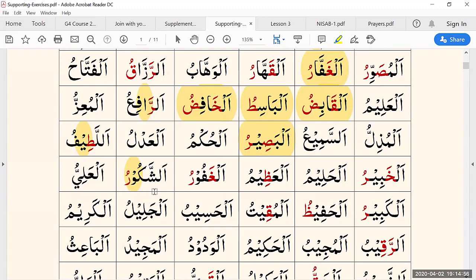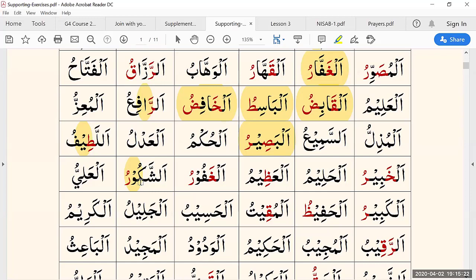So I would like to ask you, do you know which rule is evident in these three letters? Is it huruf leen? Okay, not huruf leen, because that is our today's lesson. It is not covered yet. This is from one of the previous lessons.